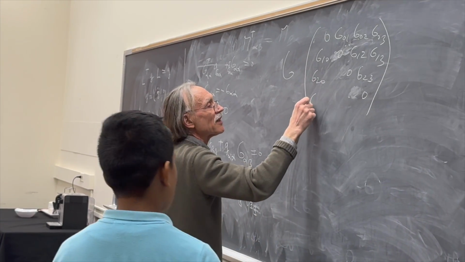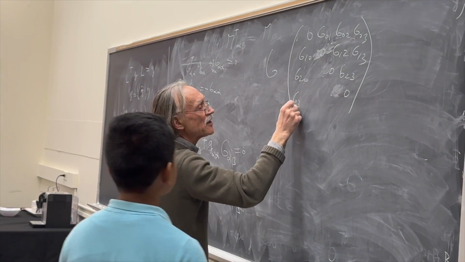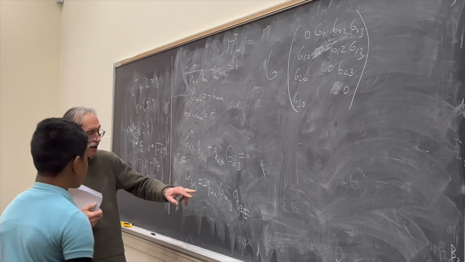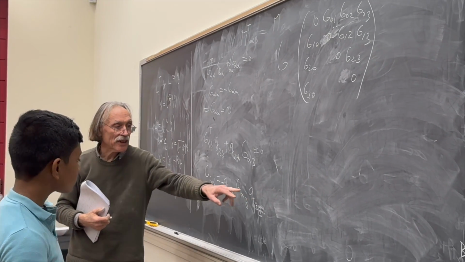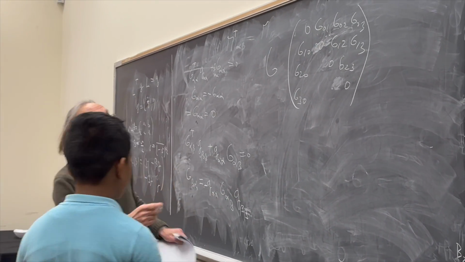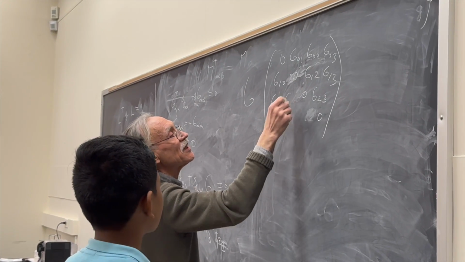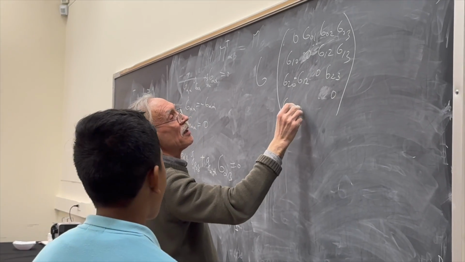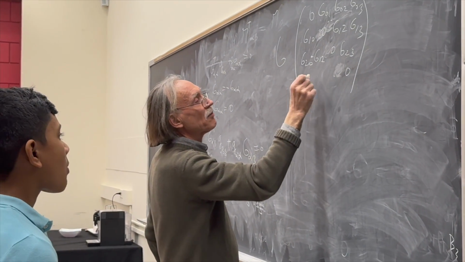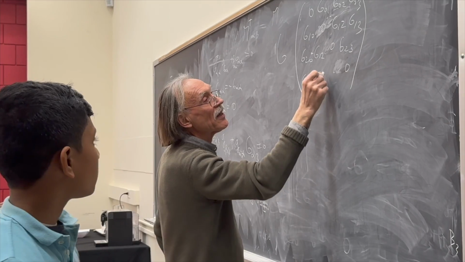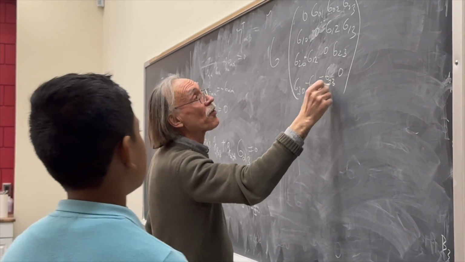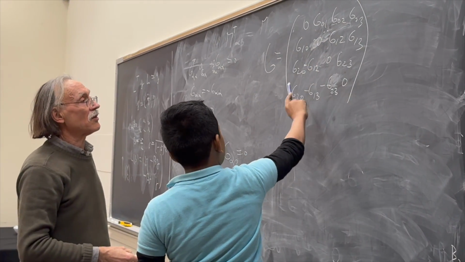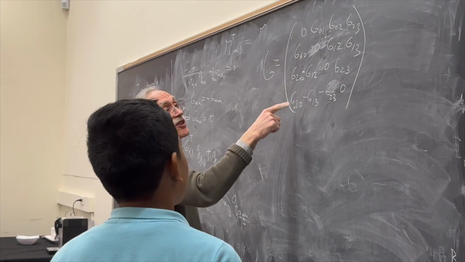The same for this one and this one. Whereas when this is 1,2 or 1,3 or 2,3, these are both spatial, so you get a minus sign. So this is equal to minus G12, here minus G13, and here minus G23. And these three are equal to these three. That's why I give the same symbol.